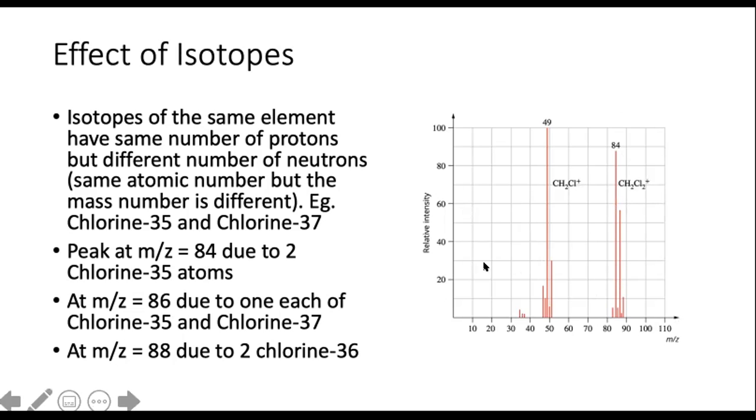For example, at the mass to charge ratio of 88, there would have been 2 chlorine 37s, sorry, not 36, 37s. And at a mass to charge ratio of 86, it would have been because we've got 1 chlorine 35 and 1 chlorine 37. That's just because of isotopes. You mainly need to worry about isotopes when you're talking about haloalkanes. You won't really need to worry about other sorts of isotopes. Those are the main isotopes that we'll worry about.